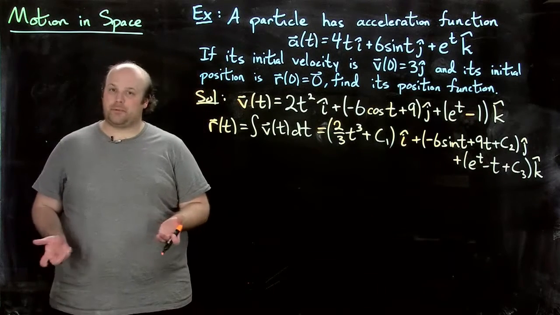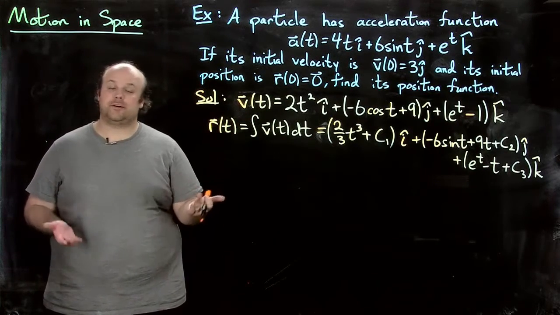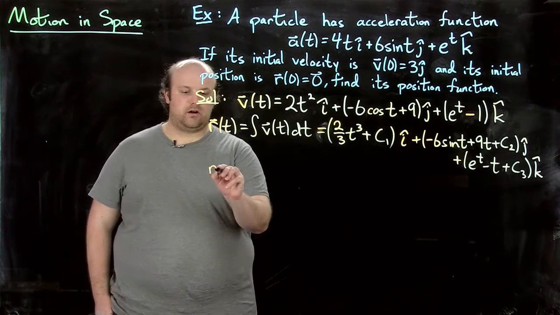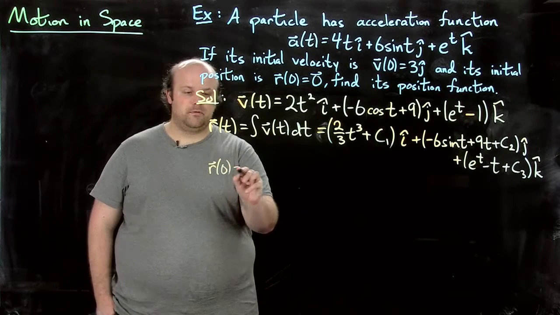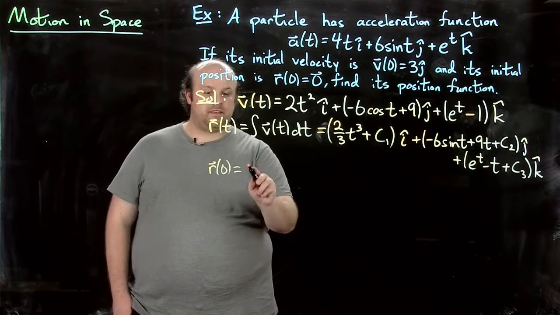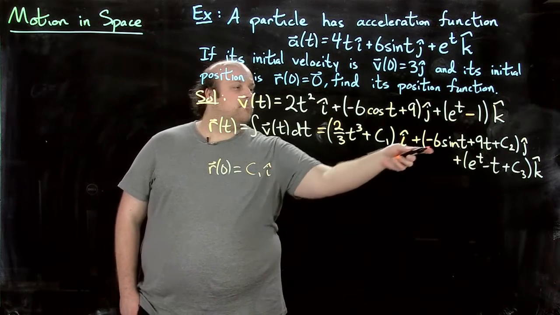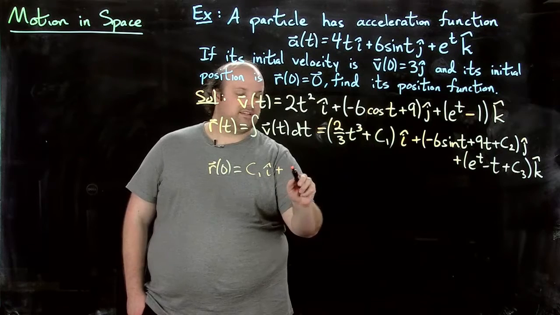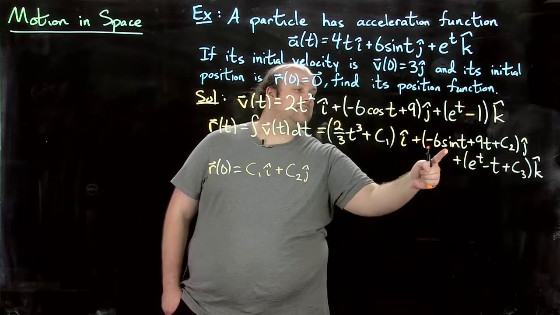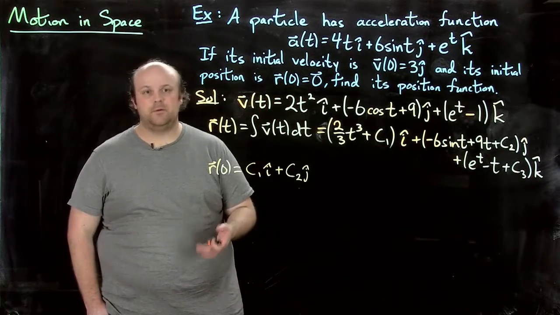Well, you remember what we did last time. We have an initial value to work with, and that's how we're going to get rid of these constants again. So r of 0, plug that first into the function we found here. That gives c1 i, plug it in there, plus c2 j, right? Because sine of 0 is 0, and plugging 0 in for just t is 0.